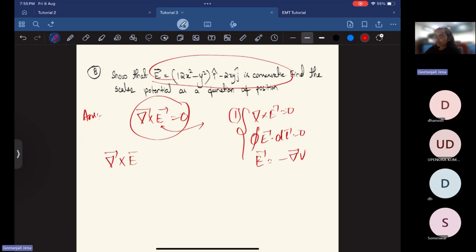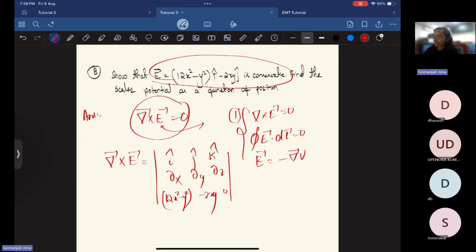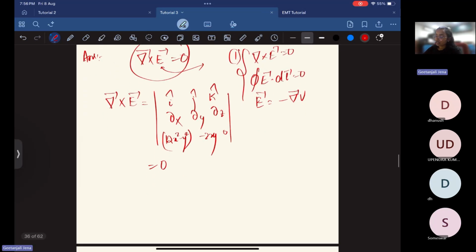So the curl of the field, it's in Cartesian coordinates. You can easily find it out. Dou x, dou y, dou z, 12 x square minus y square minus 2xy 0. Check it, it will give a value of 0. Okay.